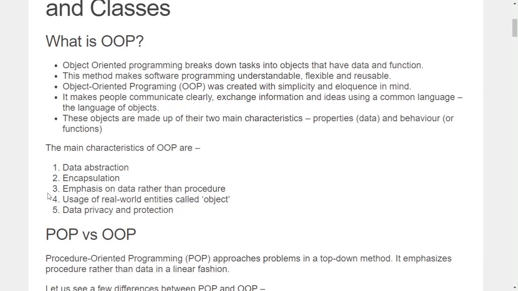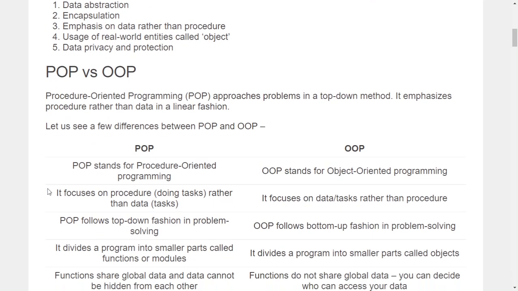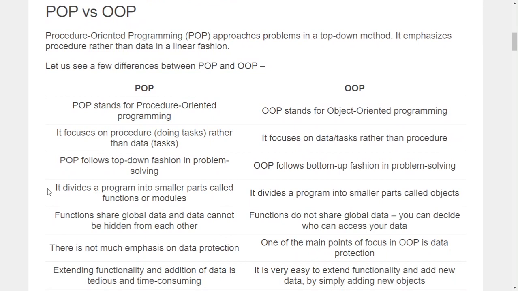So let's discuss how OOPS is different from a procedural programming approach. Procedure oriented programming was a very old programming approach, and there are many things which we cannot do in POP which are allowed in OOPS. So let's see the differences between procedure and object oriented programming.